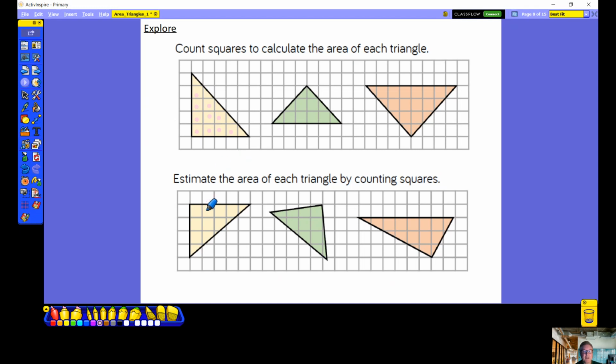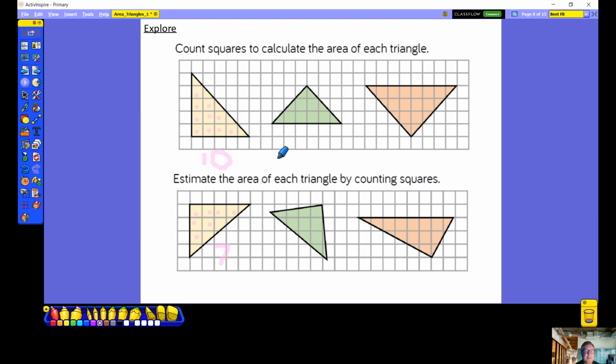Okay, so 10. What about this one? This is an estimate. 1, 2, 3, 4, 5, 6, 7. So we've got 7 there and 10 there.